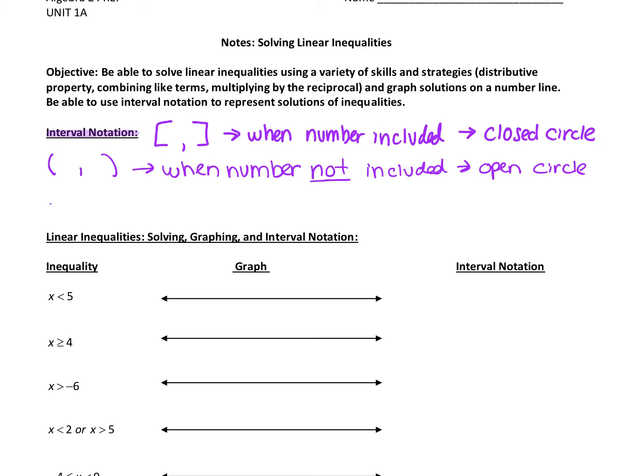We also use these round parentheses when we have negative infinity or infinity, because we can never touch negative infinity or infinity. It's a direction.